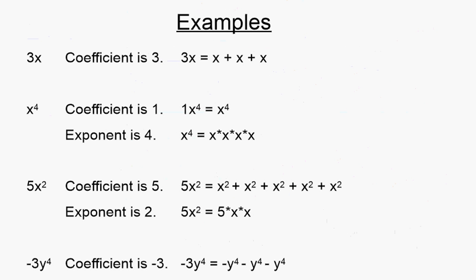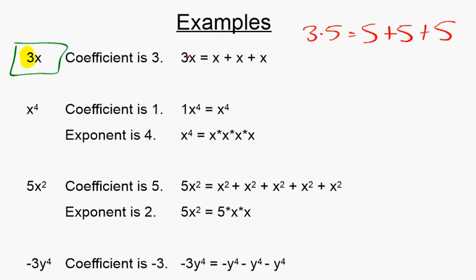All right, so let's take a look at these expressions here. Over here, I have a 3x, and the coefficient is a 3. That's the number in front of the variable. Now, if I multiply, say 3 times 5, that's the same as 5 plus 5 plus 5, right?